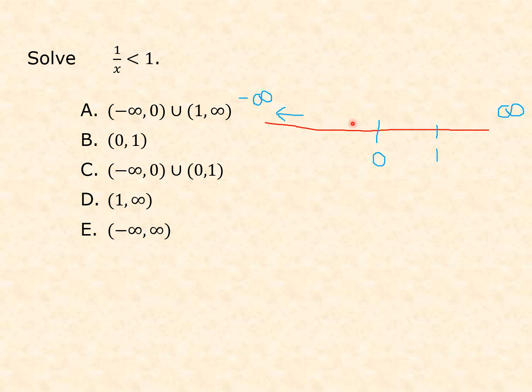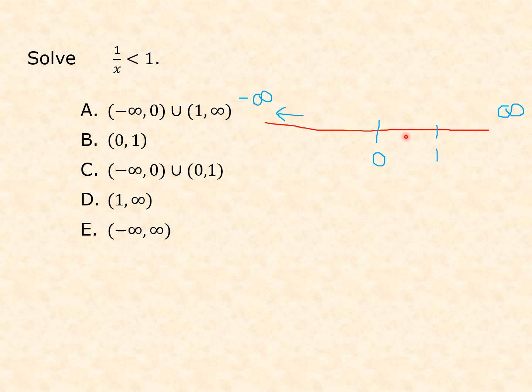You can use one example, any value between 0 and 1, substitute, and check whether this inequality is valid or not. By this simple checking, we know that any number between 0 and 1 is not the answer. It cannot be less than 1. It is in fact larger than 1.